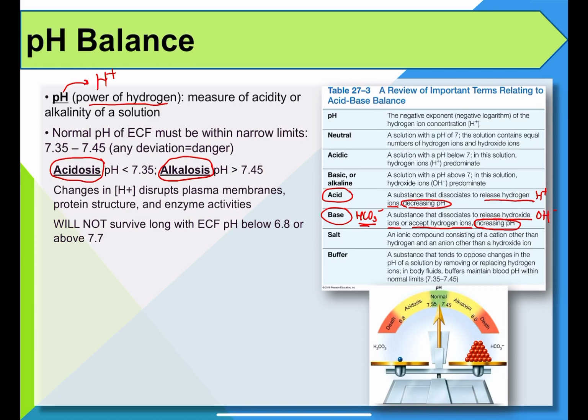Now, why do hydrogen ions or pH affect the body? As we can imagine, let's say you have a case of acidosis, you have too much hydrogen ions in the body. Well, any changes in the amount or concentration of hydrogen ions can disrupt plasma membranes. Well, that's troublesome. The plasma membrane is for making sure that you keep the integrity of the cell. If the plasma membrane falls apart, the whole cell falls apart, and we don't want that to happen. A lot of times protein structure, in addition to enzyme structure, depends on pH levels.